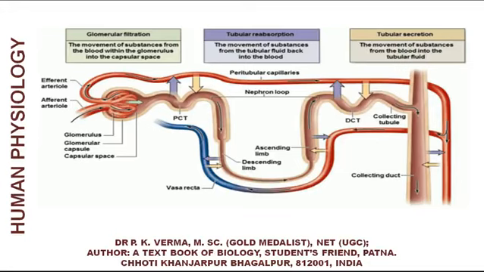Some substances are also directly excreted into renal tubules from the blood capillaries known as vasa recta, and ultimately the urine passes down the collecting duct. So all these processes should be studied in details.